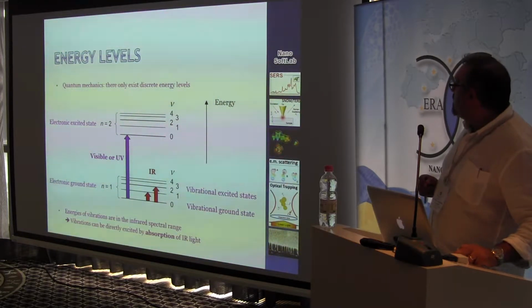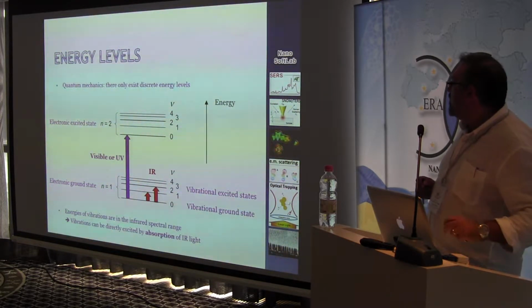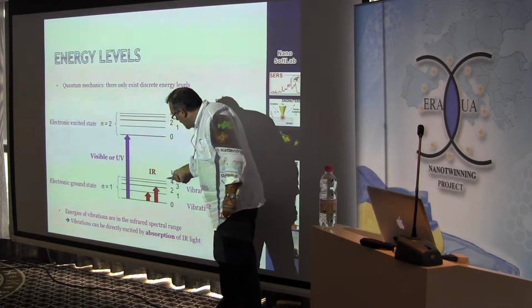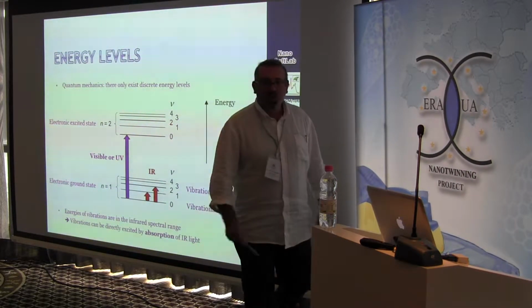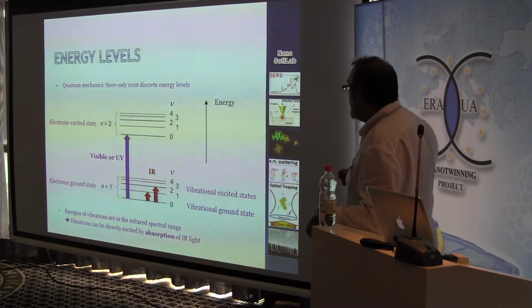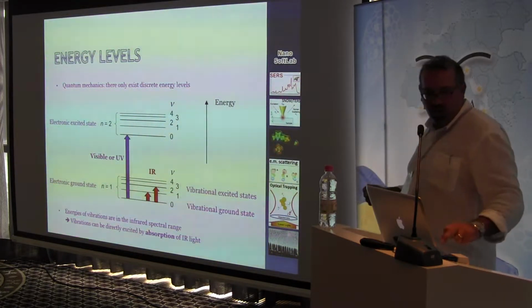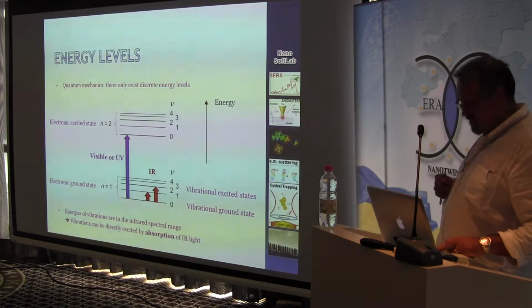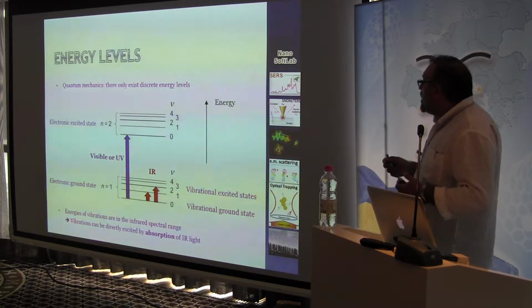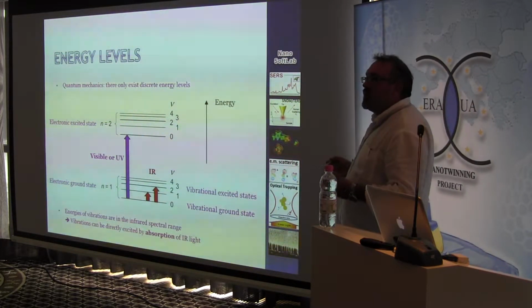Within each of these electronic states, we have vibrational states. These ones. And the energy of these transitions are, as we said, in the infrared range. And this deals with nuclear vibrations.